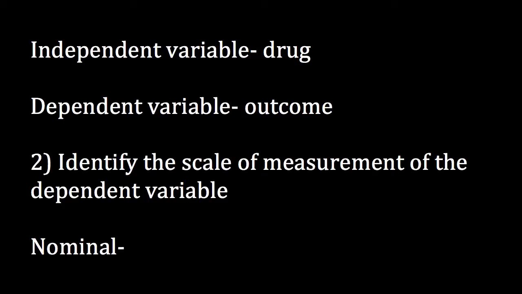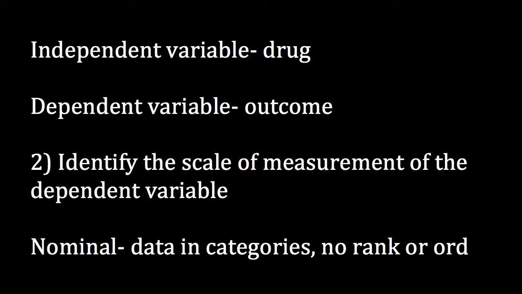Nominal data is separated in the categories, and there's no rank or order to these categories. So this might be like red, blue, green. Those are all different categories. There's no saying that red is better than blue, etc. If we're looking at going back to our weight loss example, we could use a percent of patients that achieved 20% weight loss. They either achieved 20% weight loss or they don't. Those are the only two categories. So that would be a type of nominal data.